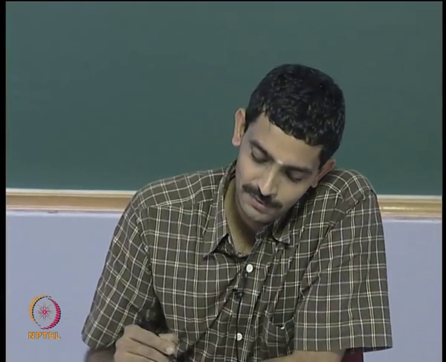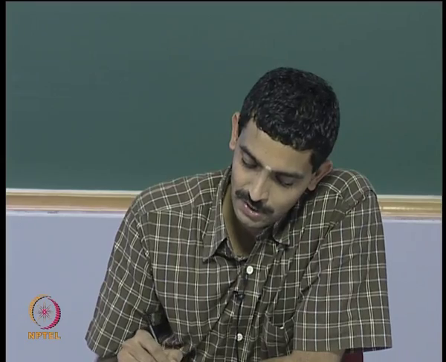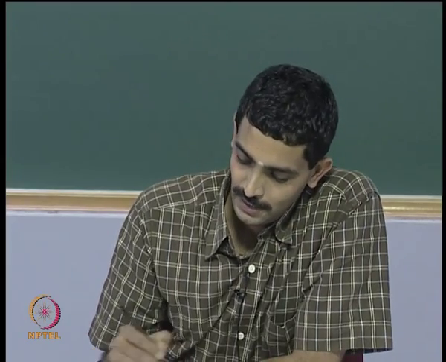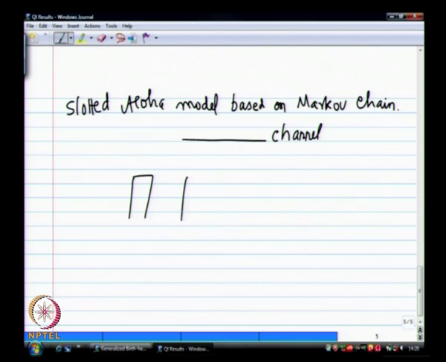So there is a notion of a channel, a common channel that is being shared, and like before we have a set of users. Assume that this represents the NIC card of every user, the MAC card that is implementing Aloha.